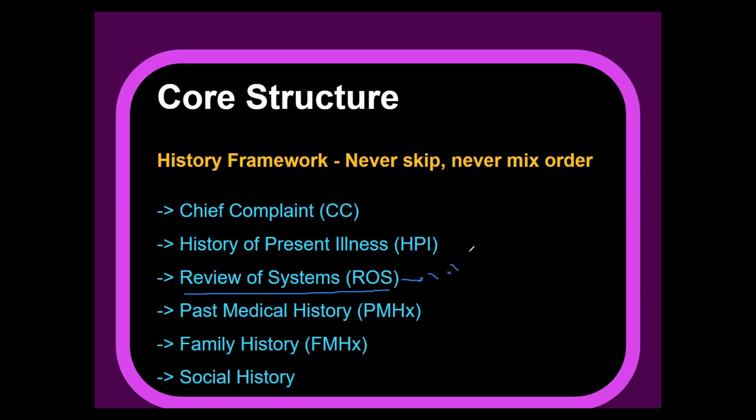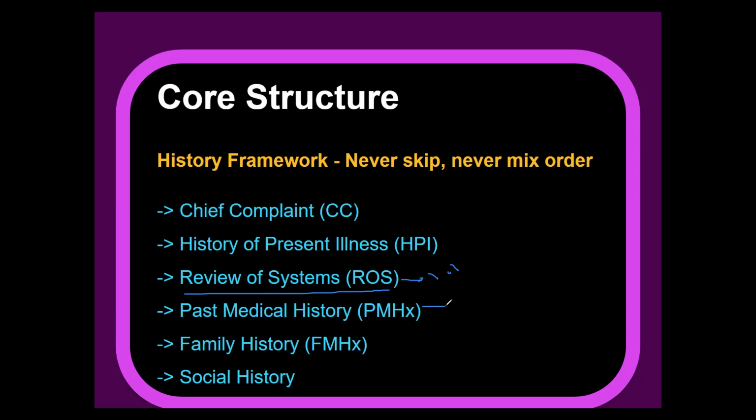In general, we would want you to cover at least the constitutional symptoms for all patients and then come to the relevant findings. If the patient has chest pain, ask about relevant things like shortness of breath, palpitations, history of acid reflux, things that are going to yield positive or negative findings.